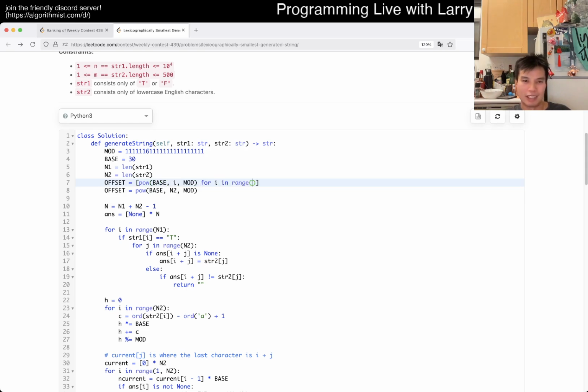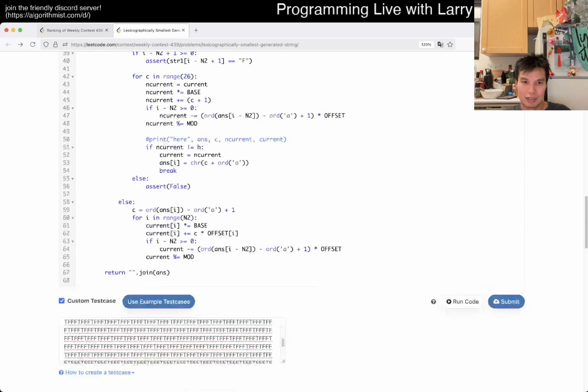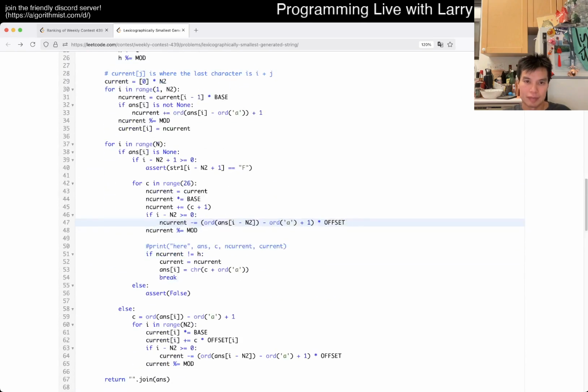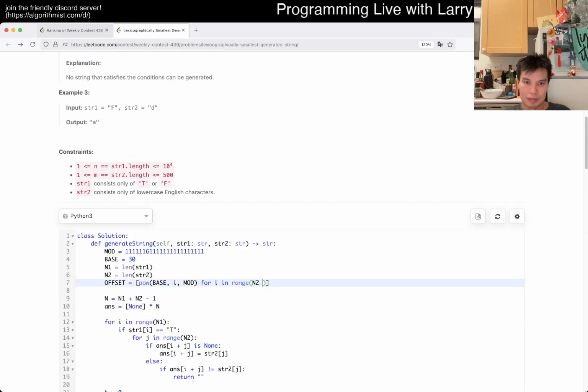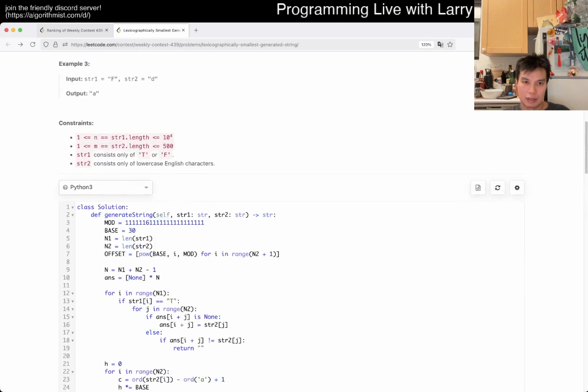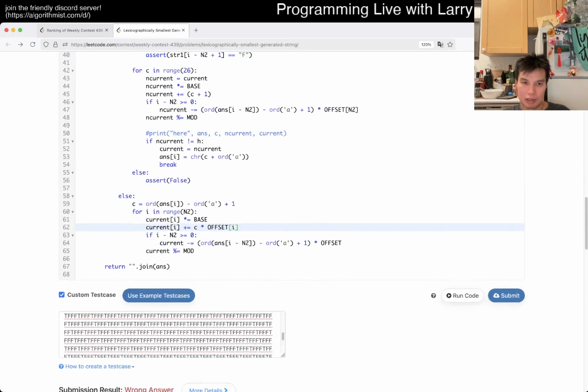I know I could write this in a better way, but I'm just lazy right now. So now this is offset sub i. Right? Yeah, 0 should be 1, okay.